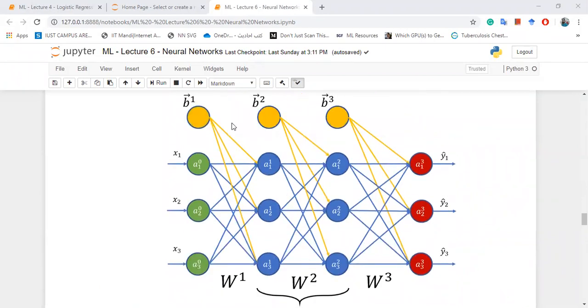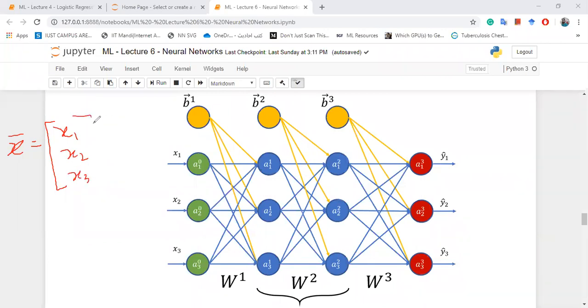Similarly, we have 3 bias vectors: B1, B2, and B3. The input vector is also of dimension 3. We have kept it so because we wanted it to be simpler. So any input x has 3 components: x1, x2, and x3.